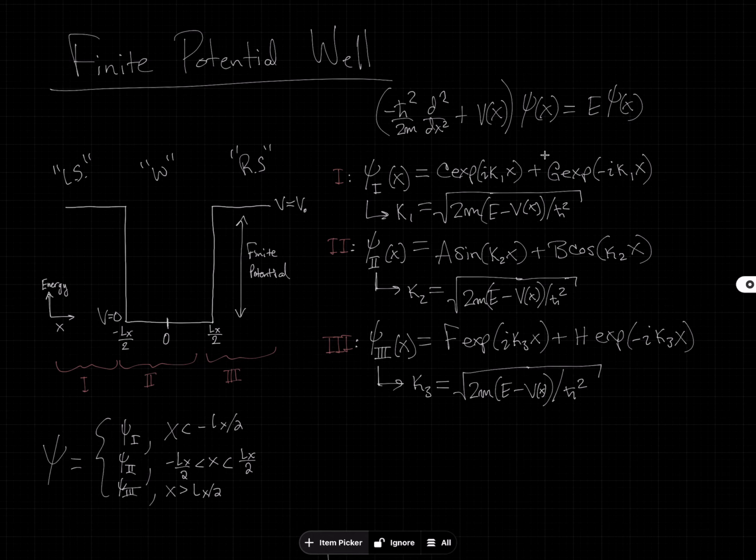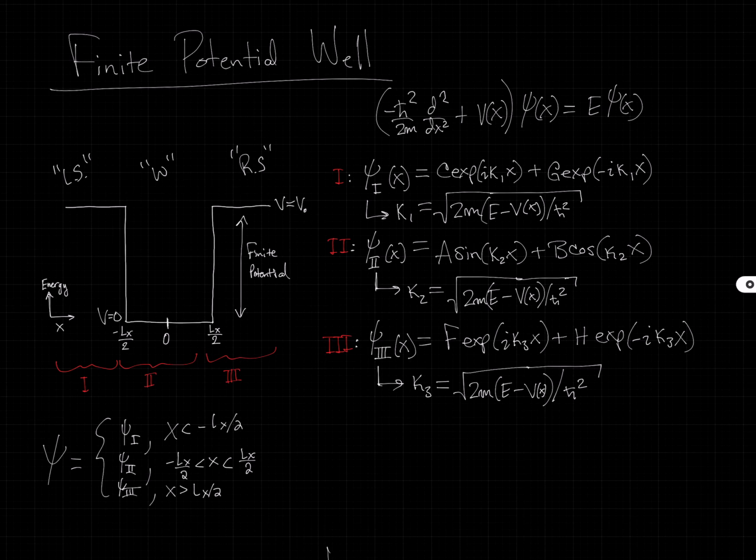This allows me to write any sort of wave function here. And this is just true for any case when V is not changing, when it's constant, which is true for this first region, for all of x less than negative Lx over 2. But likewise, I can say this for region 2, and I can say this for region 3. All right?